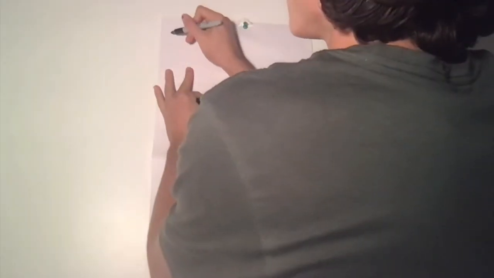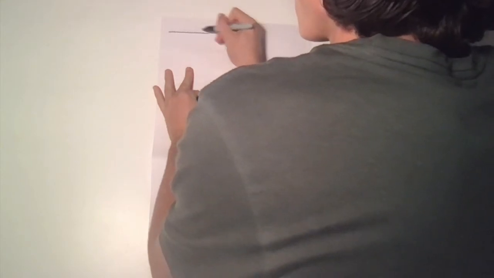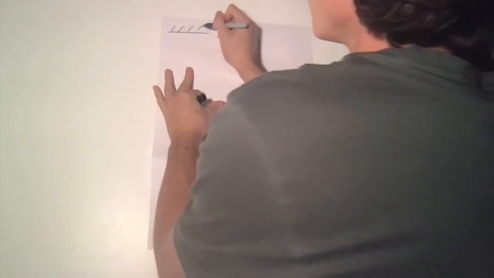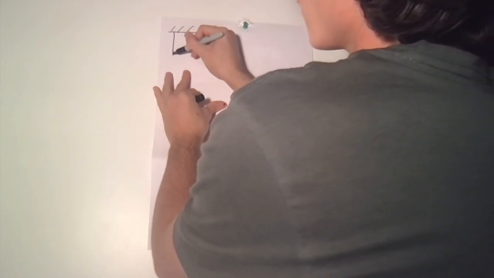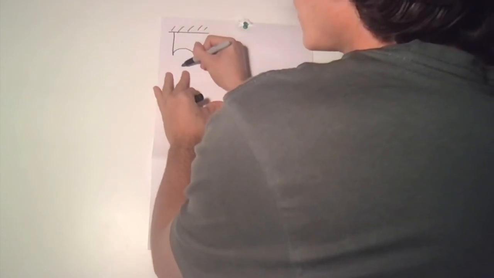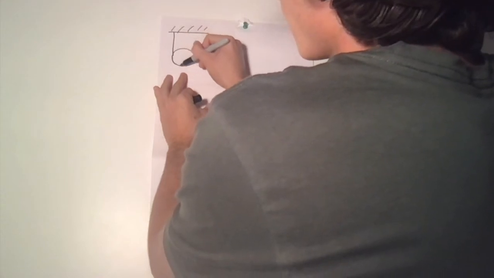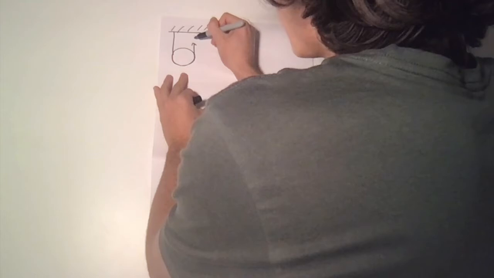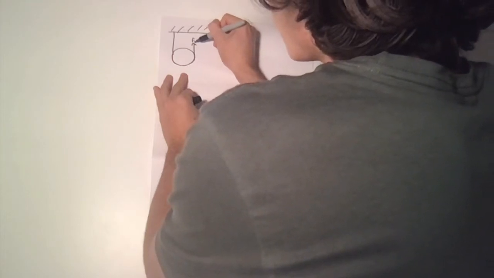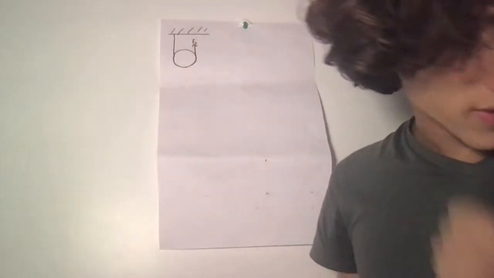So we have a ceiling here. We have this disk, and it's being held up by Fa. Is that correct?